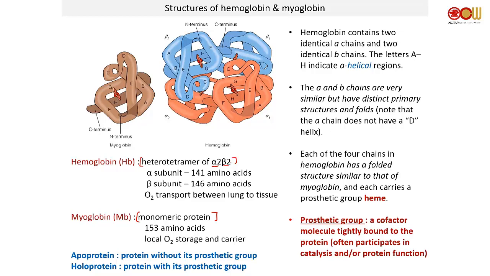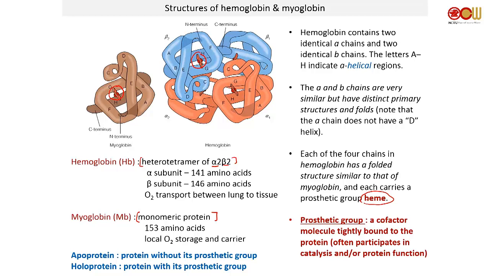And most importantly, inside myoglobin and hemoglobin there is a prosthetic group. That's very, very important. For every monomer, or every subunit, you will have one of these prosthetic groups. And this particular prosthetic group is composed of a heme, and inside the heme, you have an iron ion.